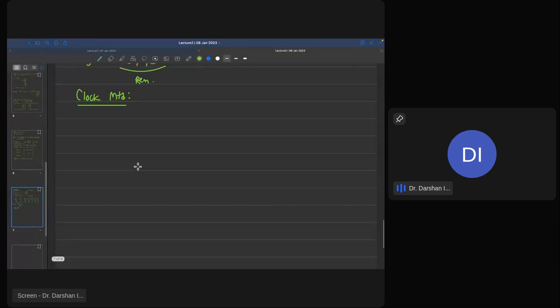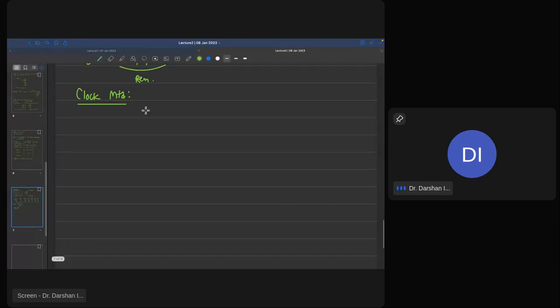If I want to find out 8 mod 4, one thing I know is that if I am dividing by 4, the possible remainders are 0, 1, 2, and 3.